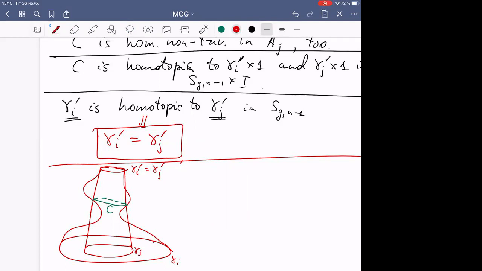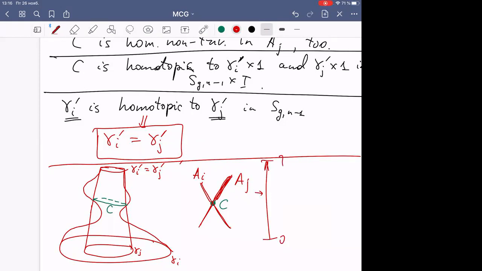Since we have level structures, in fact, the situation is like that. We have C and we have AI, which goes like that, and we have AJ, which goes like that, and we have this level structures projection on the segment 0, 1.